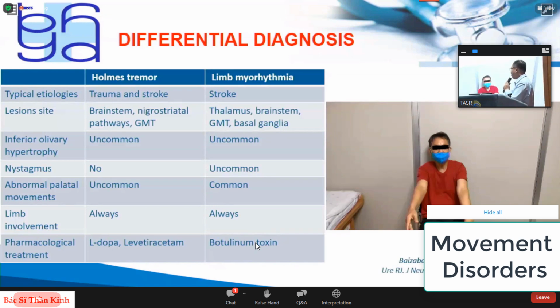This patient was diagnosed with limb myorhythmia. And you can see in this table, Holmes tremor and limb myorhythmia have the same etiologies, usually after an ischemic or hemorrhagic stroke at the brainstem and the Guillain-Mollaret triangle.